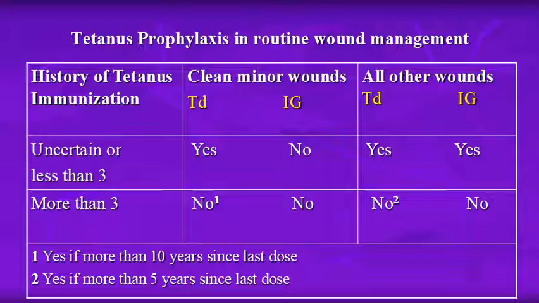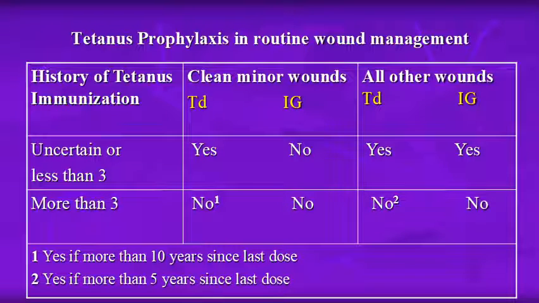But if we are in a hurry and we are suspecting, and the patient came to us after a while from the injury, or with a deep or dirty wound, there may be a possibility of infection. So we may give immunoglobulin in certain conditions. And here you see TD.